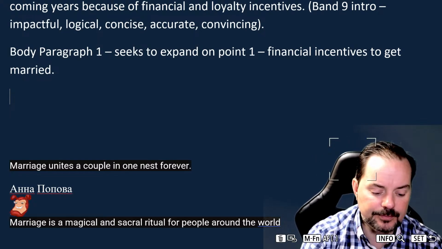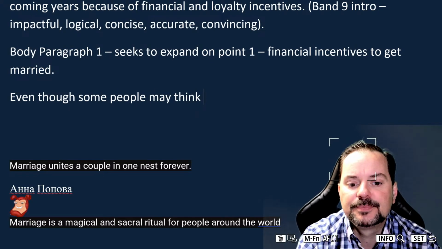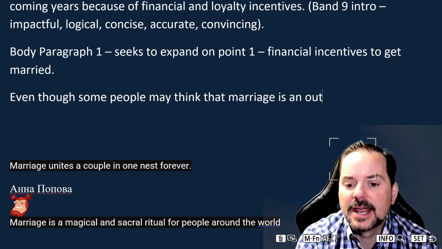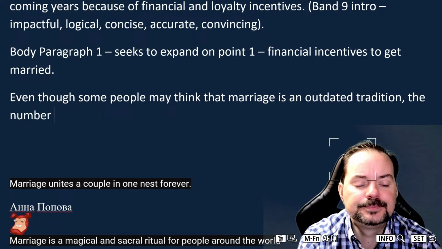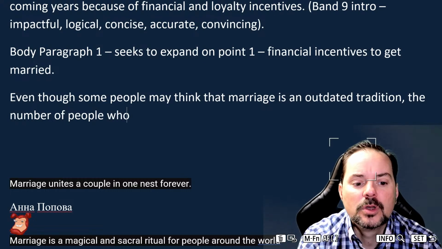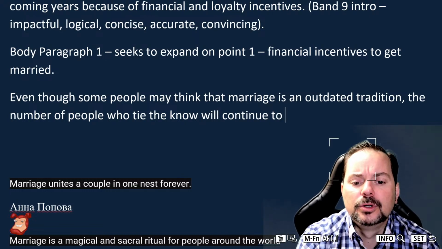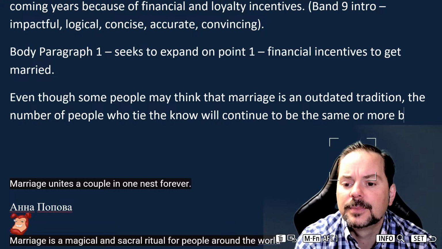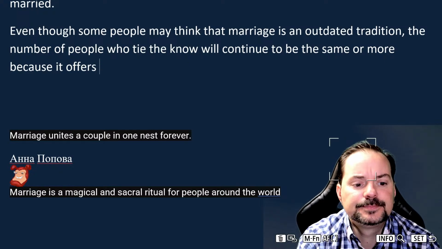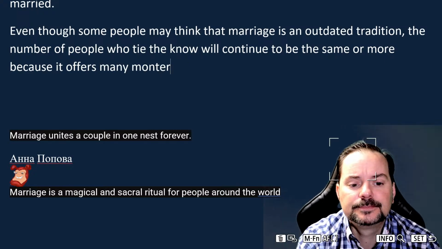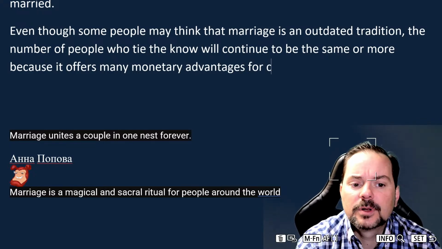Okay, so even though some people may think that marriage is an outdated tradition, the number of people who tie the knot will continue to be the same or more, because it offers many monetary advantages for couples.